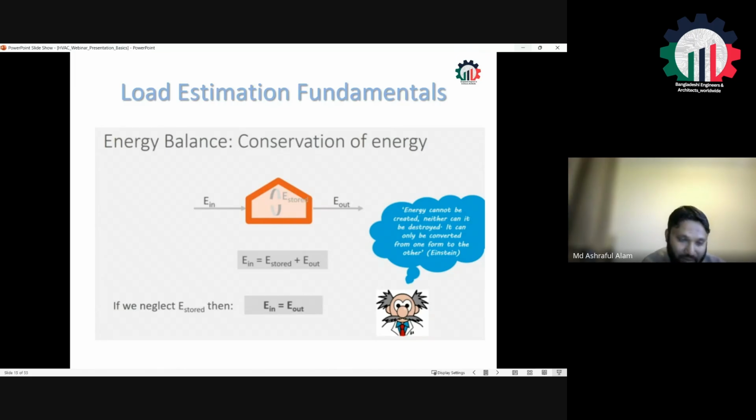So when the building is hot, we need to take out some heat from it, and if the building is cold, we need to add heat inside it to make it comfortable. This is what it is showing: if the energy is inside, that energy has to go out. The energy is either positive or negative. That is what we are doing in air conditioning.